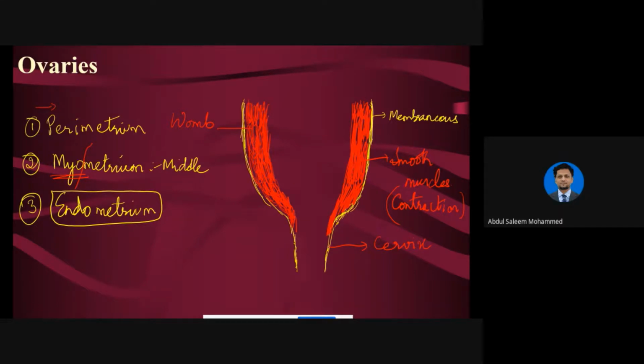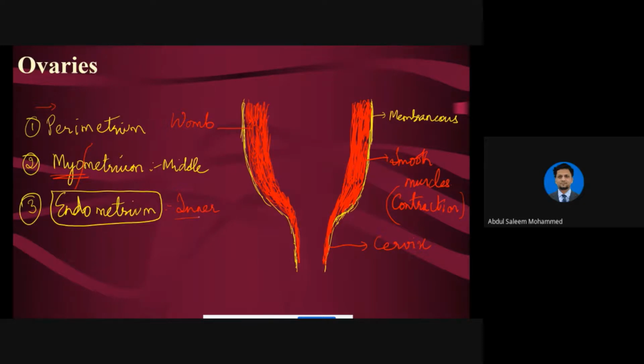And you can see the muscularity over here. It gets reduced when it reaches the cervix part, whereas in the womb, the muscularity is very well developed. Now, coming to the endometrium, the third layer, the innermost layer.